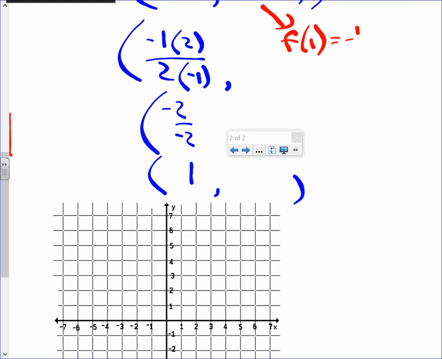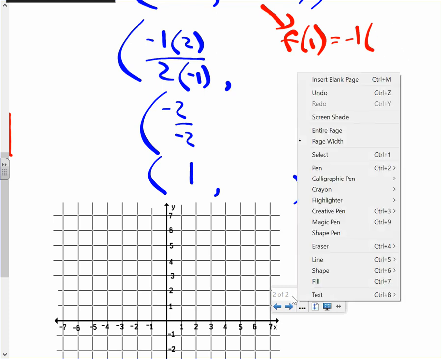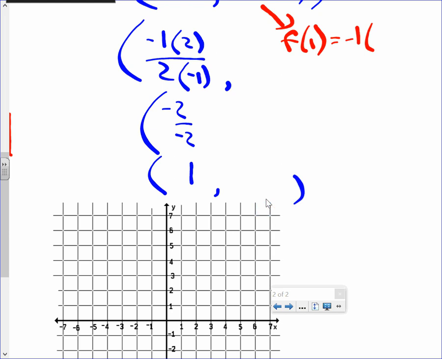Negative 1 x squared, so x is 1. So negative 1 squared plus 2 times 1 plus 1. Don't upset Aunt Sally.